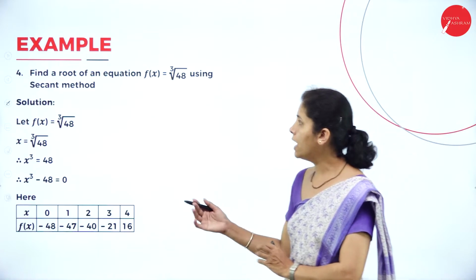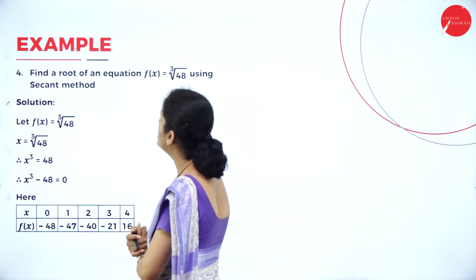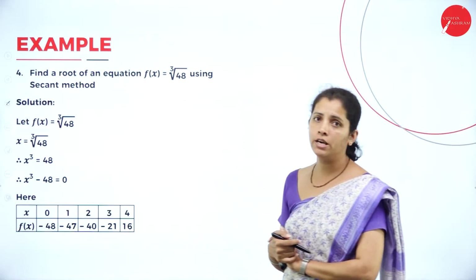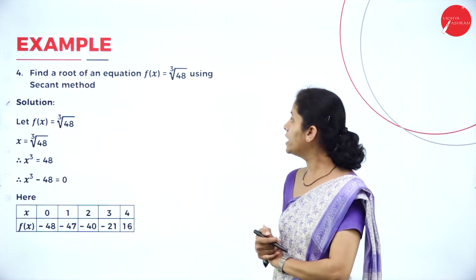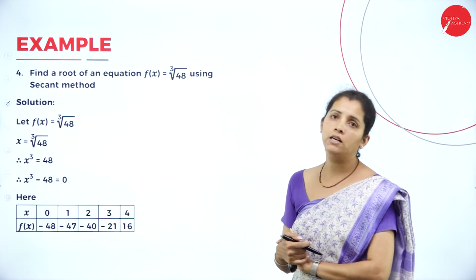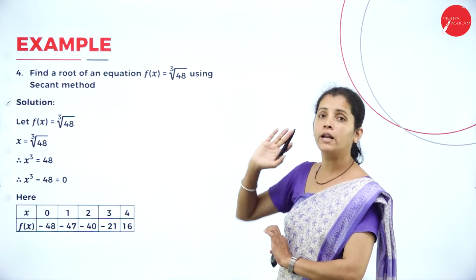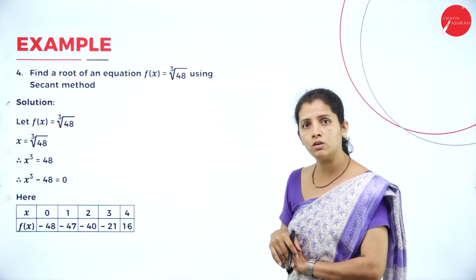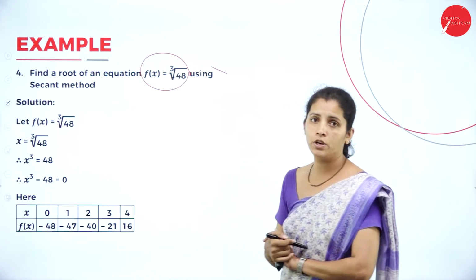Now I have my fourth problem, that is find the root of an equation f of x equal to cube root of 48 using secant method. So here I'm not having any roots, so I want to find the root. Before that, I just want to simplify this equation.